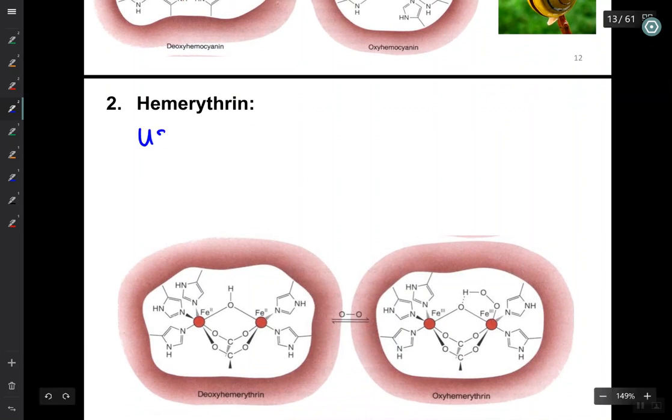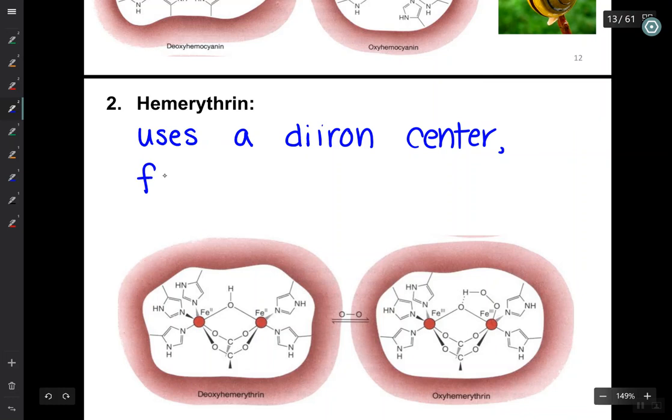This one uses a diiron center, and it's found in invertebrates, such as marine worms.